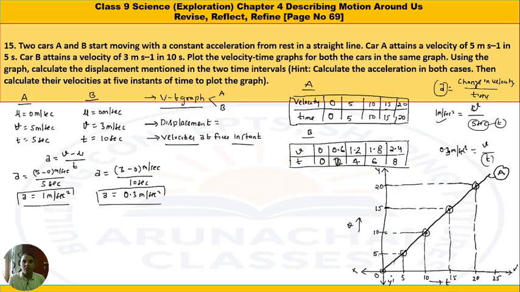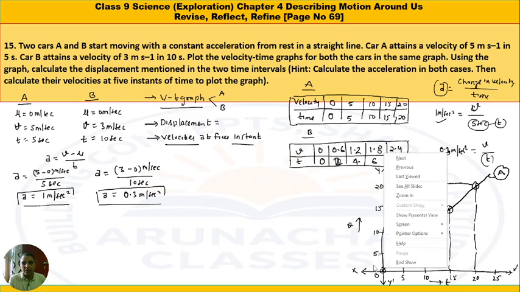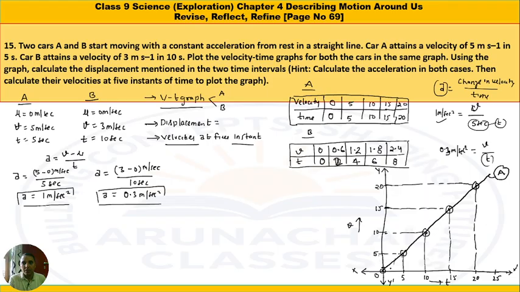Now for car B: 0, 0, then 2, 0.6. Here it is 2, less than 1, so it is 0.6.